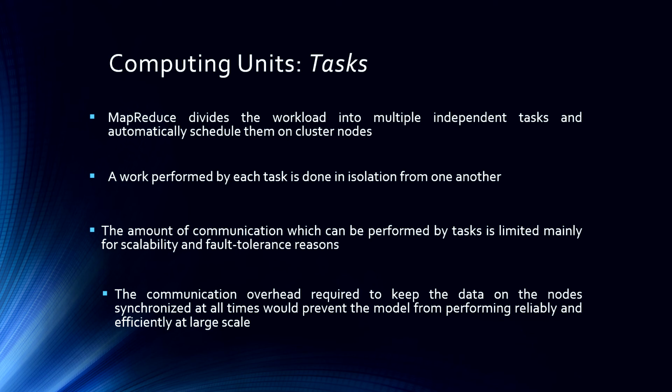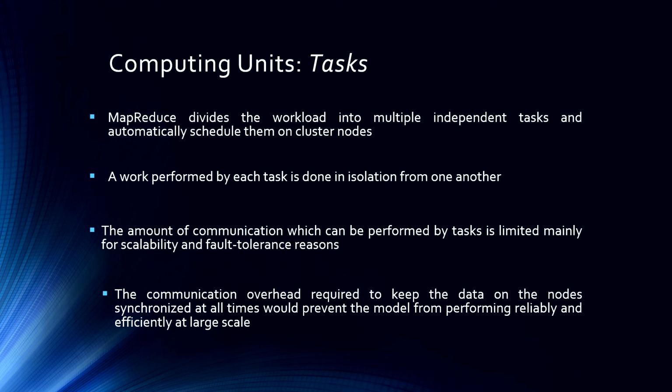So to keep things organized, we try to keep each task done in isolation from another one, and the amount of communication which can be performed by a task is limited mainly for scalability and fault tolerance reasons. As we discussed, if one CPU of a banking server goes out and burns into flames, the transactions that were stored on that PC are gone.